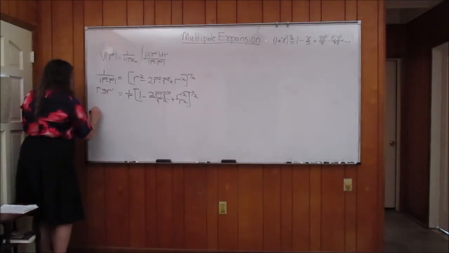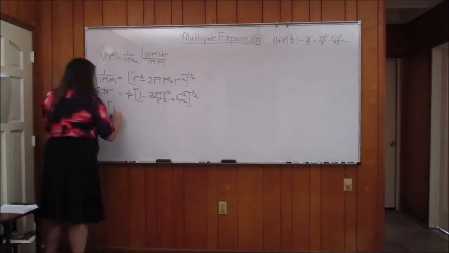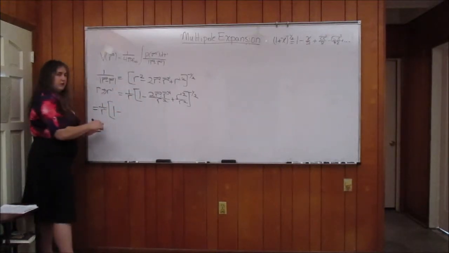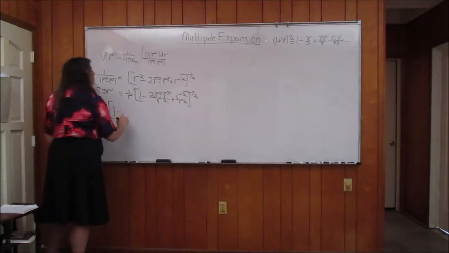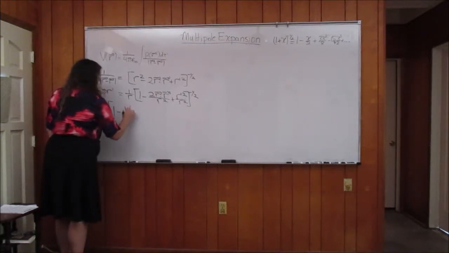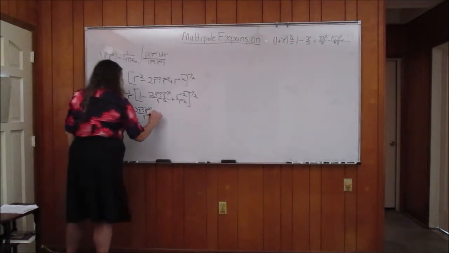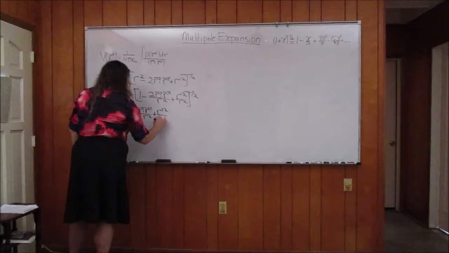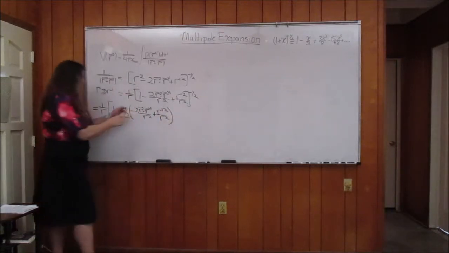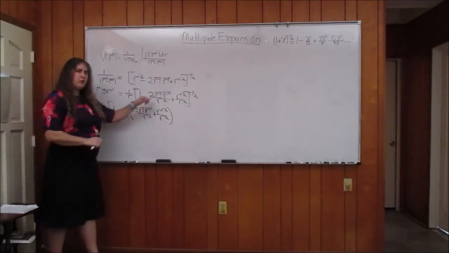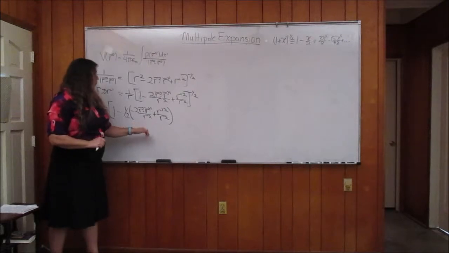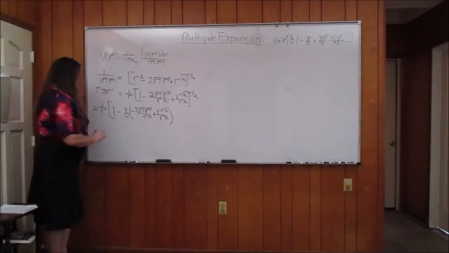Therefore, this becomes 1 over r out front of the square brackets, 1 minus 1/2 times parentheses minus 2 dot product of r and r prime over r squared plus r prime squared over r squared.